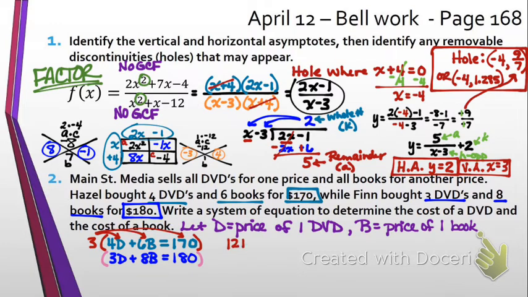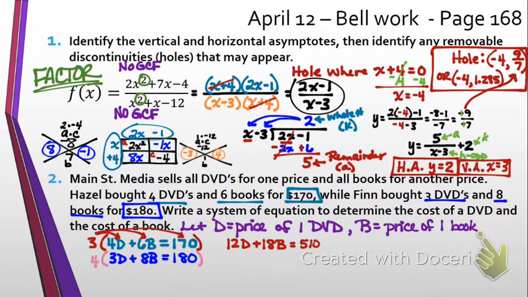So I'm going to get 12D plus 18B equals, and then I need help from somebody with a calculator. 170 times 3. How much? 510. What do I multiply the bottom one by? 4.